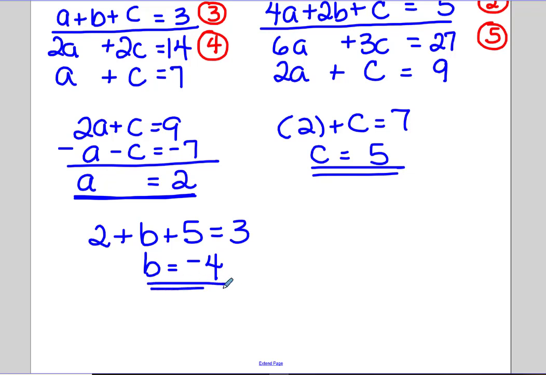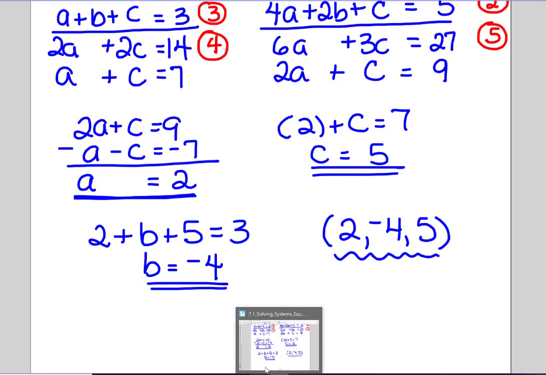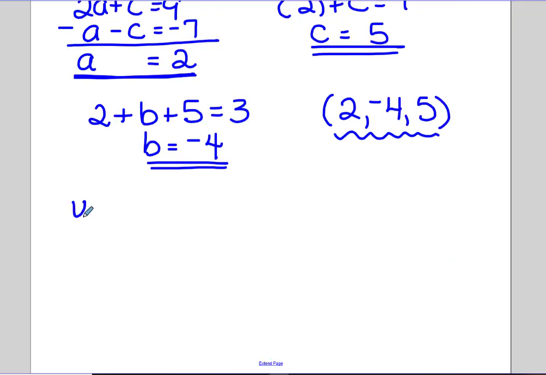So we know our ordered pairs where they crossed was A, B, C. This was the intersection. But remember what we were looking for was the parabola. And the parabola is on the ax squared plus bx plus c general format.